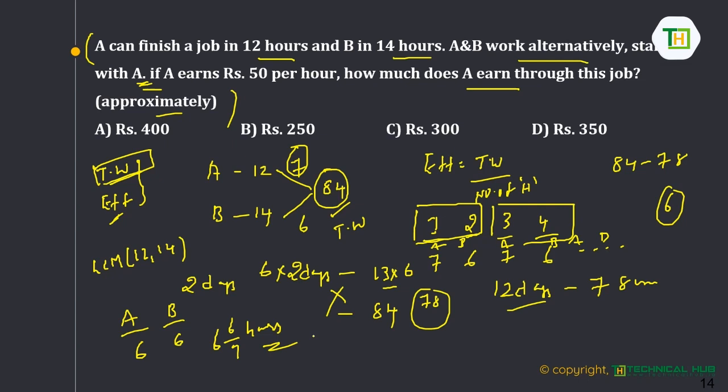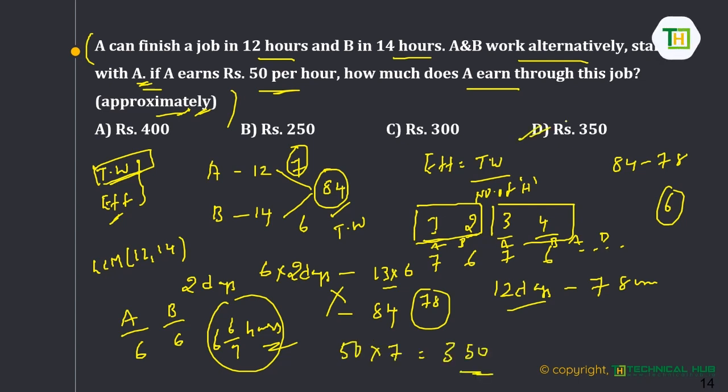Now what is being asked? If A earns 50 per hour, what is approximately A's earning? I am taking this value as 7 hours, because they're asking for the approximate value. So 1 hour is 50 rupees, so 7 hours is 350 rupees. So the answer for this question is option D.